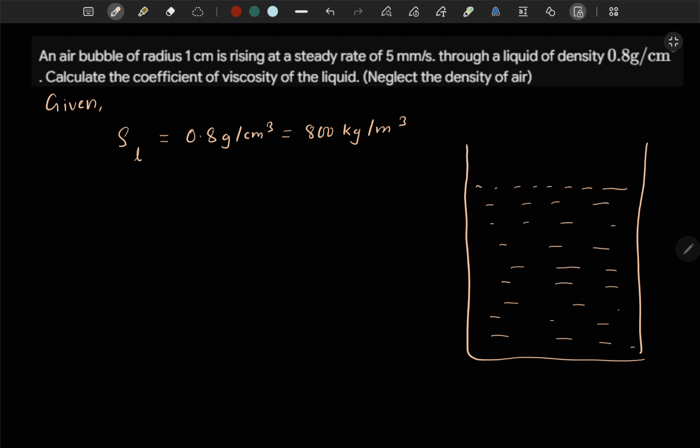And in this liquid, an air bubble is formed and which is rising upward with velocity v.